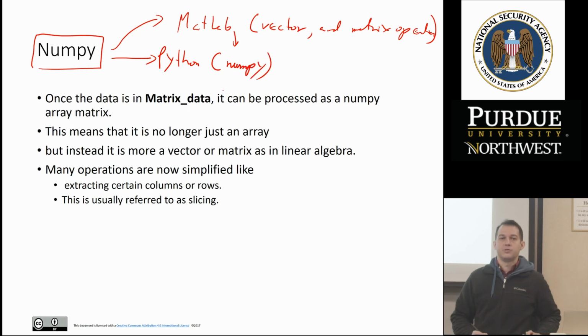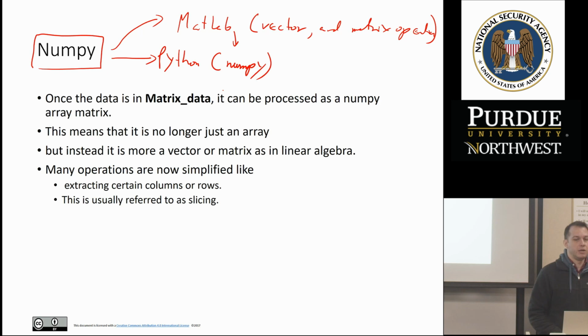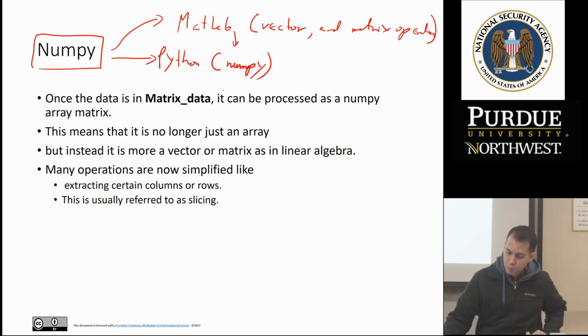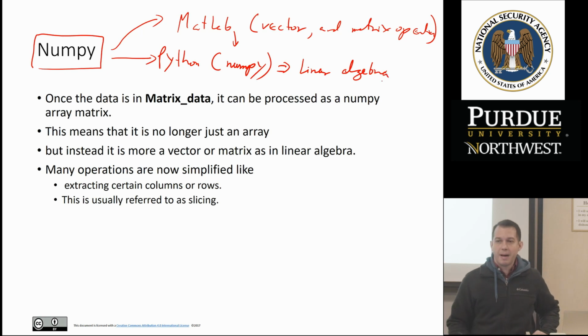NumPy is really the solution so that now you can do MATLAB in Python, which basically means that you can do linear algebra efficiently. It turns out that a lot of the math behind data science really can be done through linear algebra by expressing our equations and our values as systems of equations, so matrices and vectors.